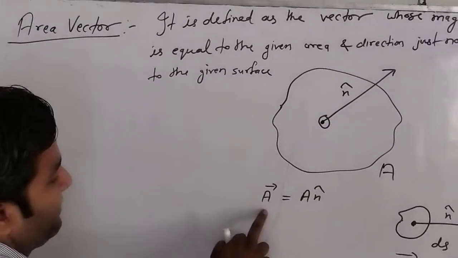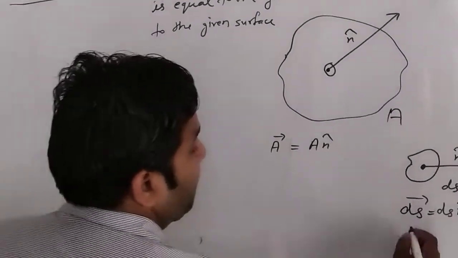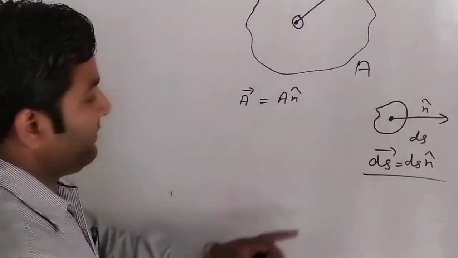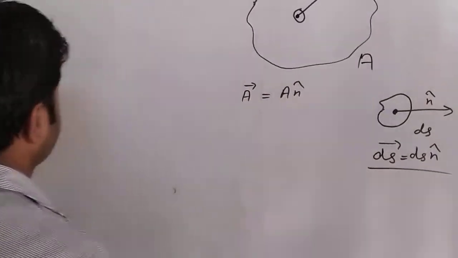Mathematically, this is represented by vector A equals A unit vector n cap. For a small area, vector dS equals the magnitude dS times unit vector n cap.